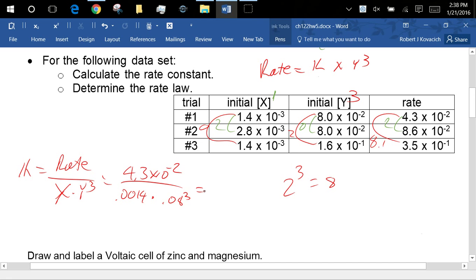So 0.04 divided by 0.0014 and my 0.08 cubed. You get be like 4.